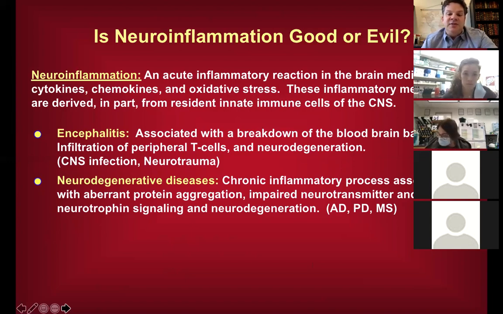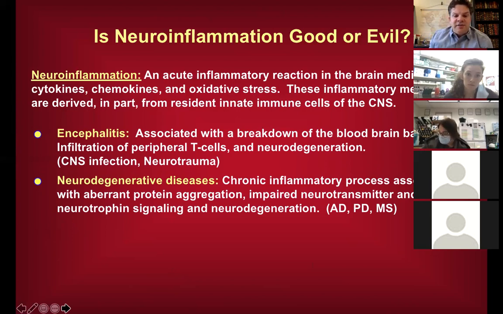You'll see this in Alzheimer's, Parkinson's, and multiple sclerosis. So inflammation in neurodegenerative disease, what I'm trying to get at, is a lot different than inflammation you see with a CNS infection. All of these are considered neuroinflammation, but it's always really important to tell the person the context in which you're studying it.